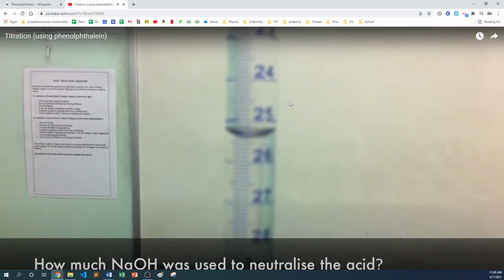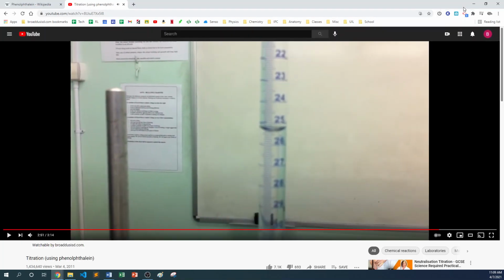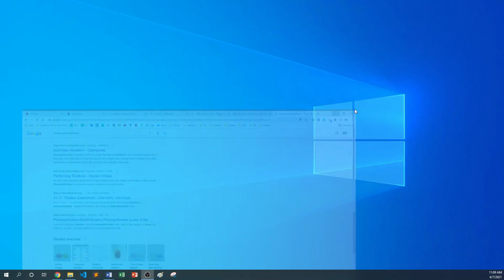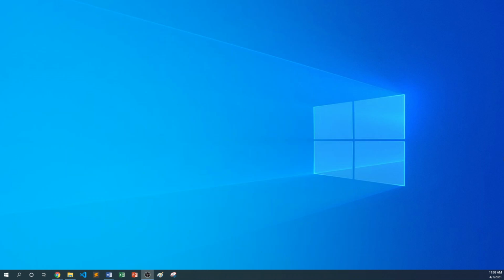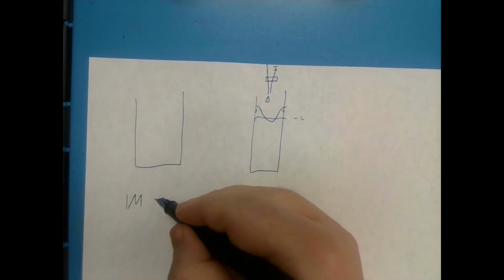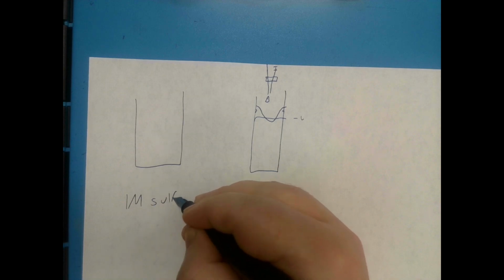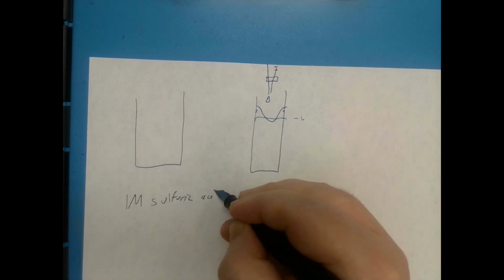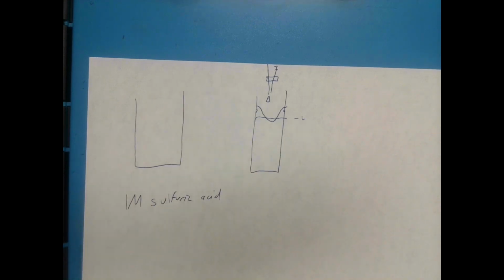So why is titration important? Why is this something that you have to constantly do? Why can't you just read the bottle that says 1 molar sulfuric acid and say, well, I know what concentration it is.